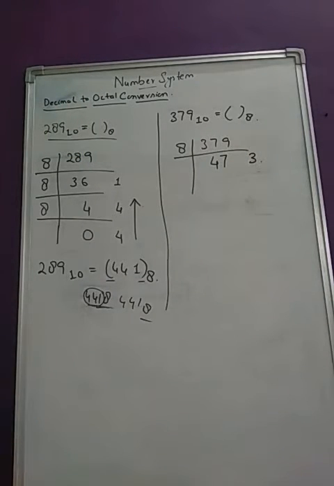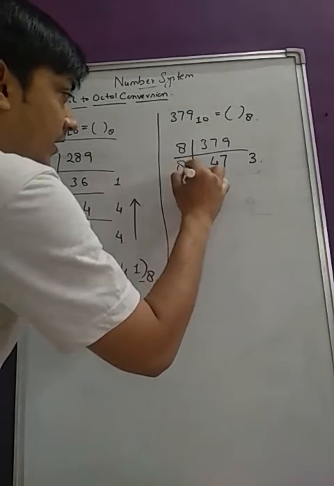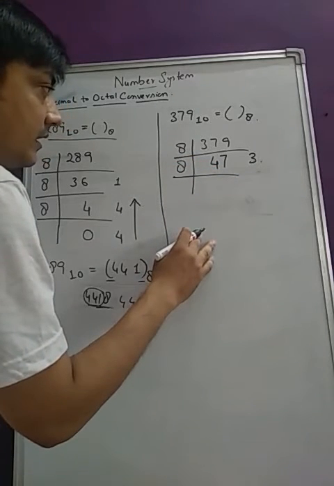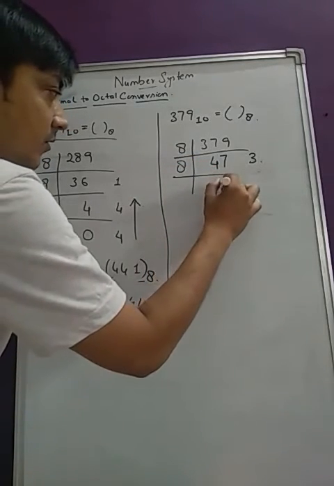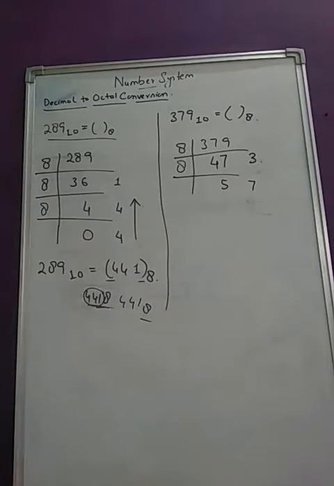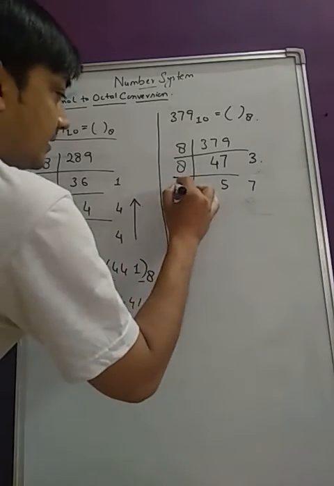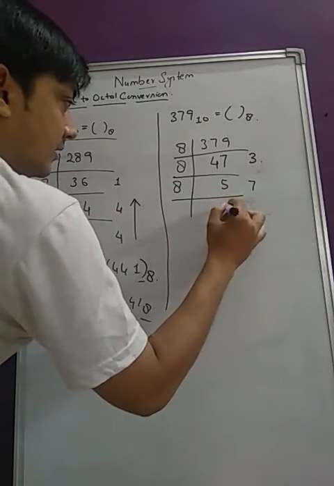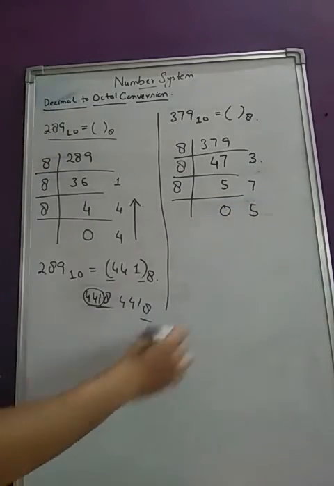After this, it will go 5 times, and 7 will be the remainder. Then in the next step it will go 0 times, and 5 will be the remainder.